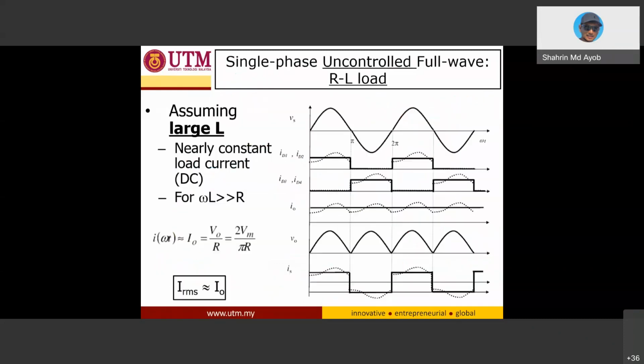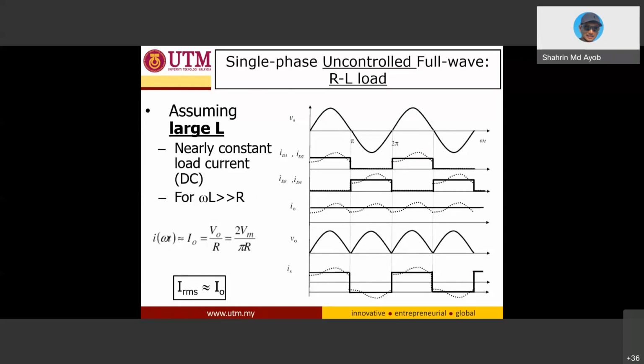If the inductor is very large, what you can see is that the voltage output is the same as a full wave rectified voltage, but the current is actually a pure DC current. This is the output current when your L is much larger compared to the circuit.